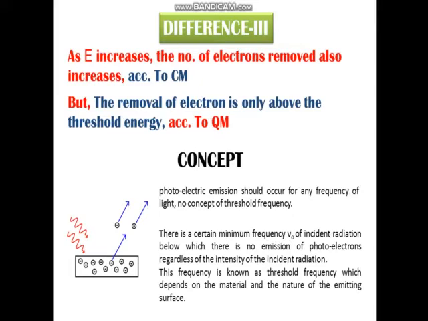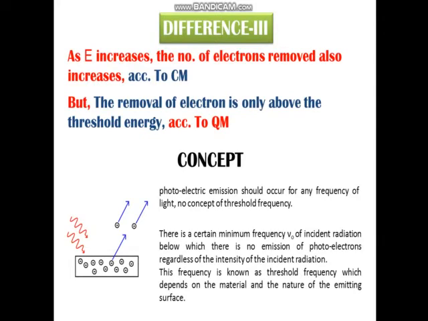But in practice, in the actual observation, it is not so. Quantum mechanics says that the removal of electrons occurs only above the threshold energy, but not for all possible energies.